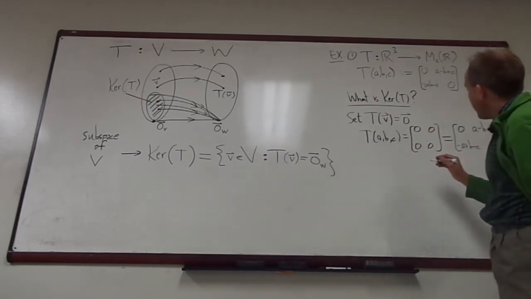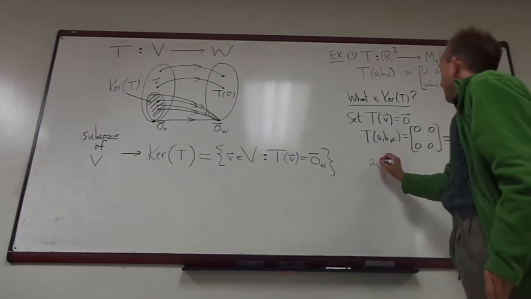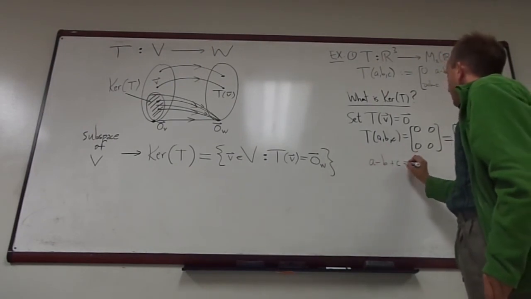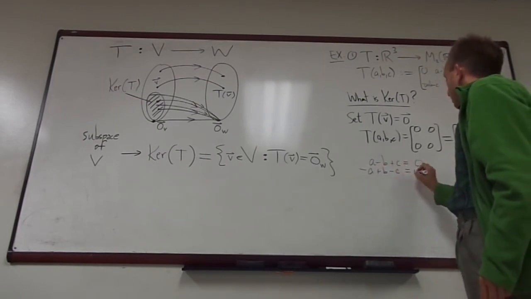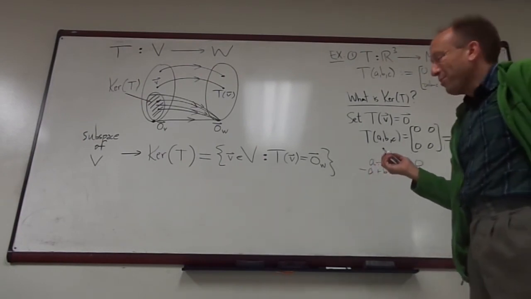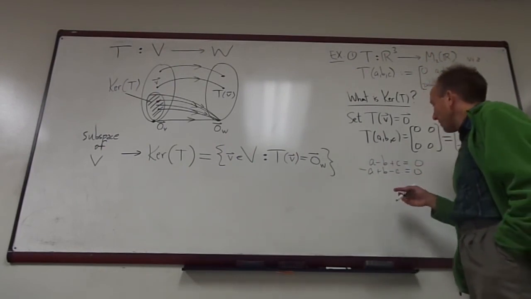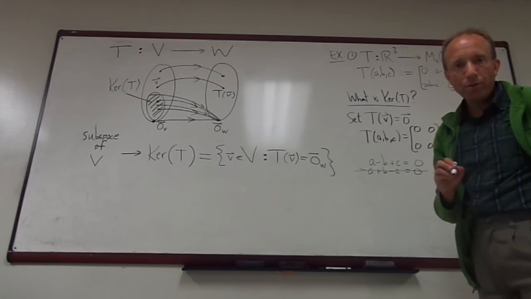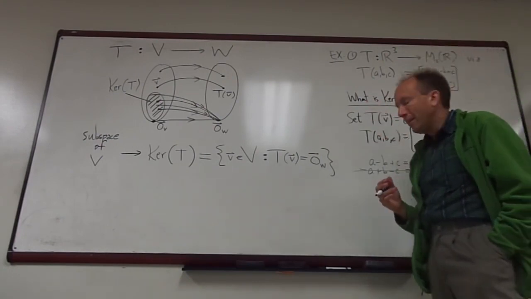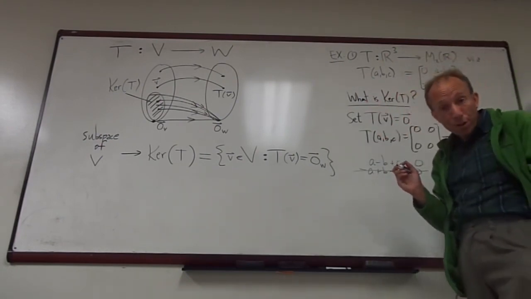Well, if you look at that, that's really saying that a minus b plus c is 0, and negative a plus b minus c is 0. It's a system of equations, which by now we're pretty good at solving. It turns out the second equation is actually just the negative of the first equation, so it doesn't tell us anything that we can't get from the first equation.